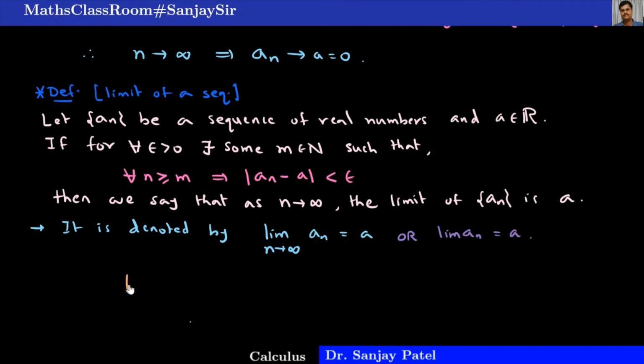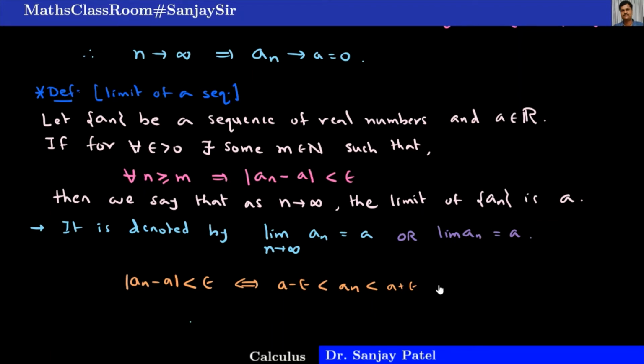You know that mod of an minus a is less than epsilon means a minus epsilon less than an less than a plus epsilon. You know that condition, mod of x minus a less than delta, if and only if a minus delta less than x less than a plus delta. So we are using that inequality.